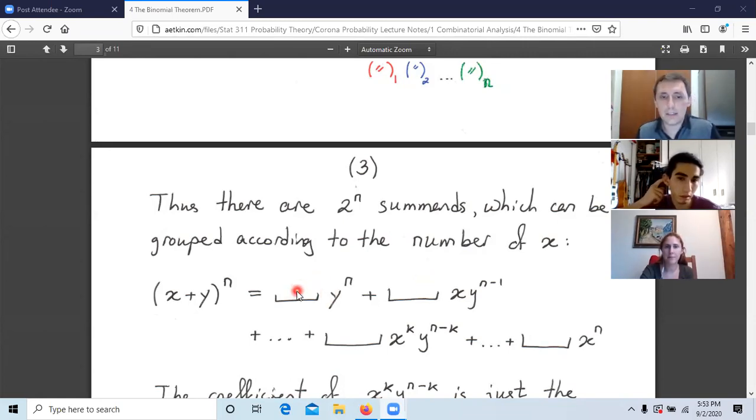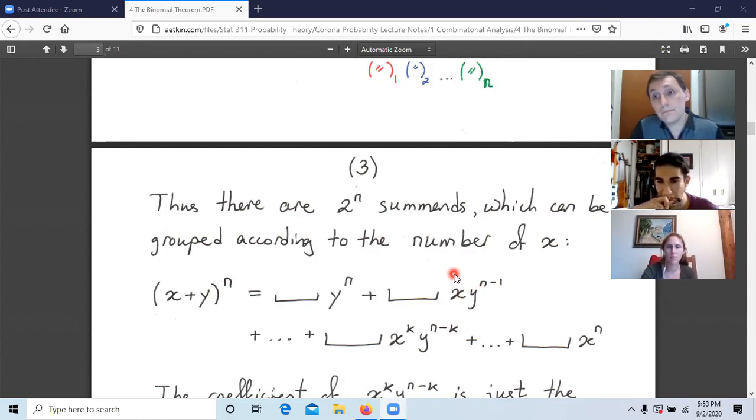You can clearly see that when x is raised to the 0 power, there is only one way to do that because each parenthesis contributes exactly y. There is only one way to accomplish y to the n, right? But let's say for the next term, x times y to the n minus 1, how many ways are there to get this exact combination? And that would be how many additions we have, right? How many ways could this term have been created?